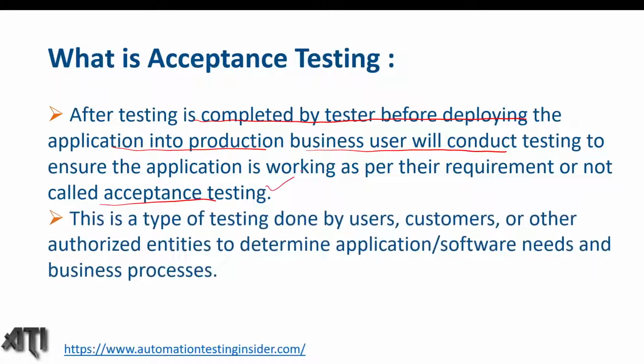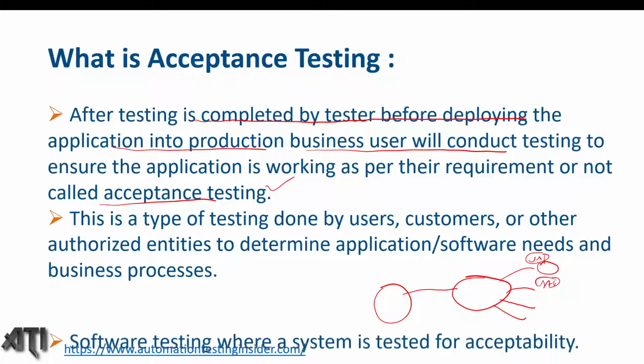This is a type of testing done by users, customers, or other authorized entities to determine application software needs and business processes. When done at our end, the developer's end, it is called alpha testing. Another way to do UAT is if they release their software to their own customers, they will perform the UAT at their end as well.